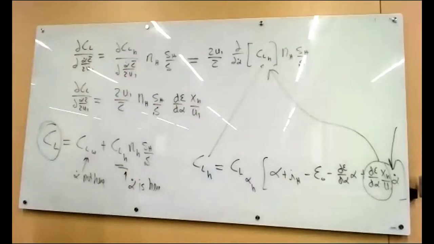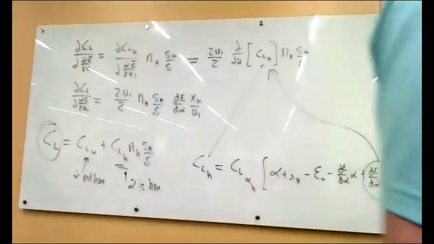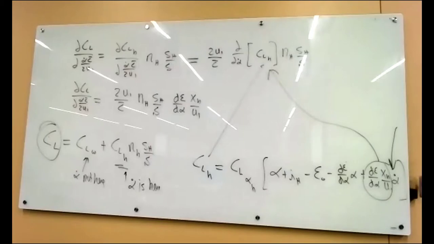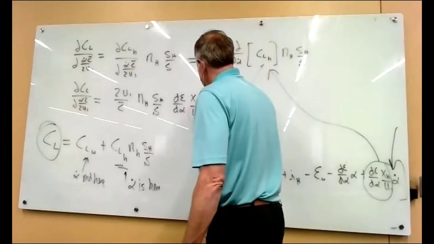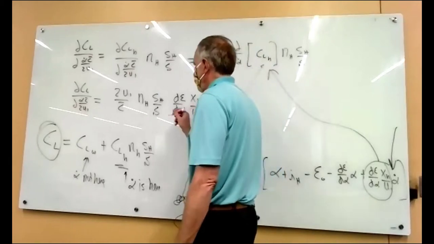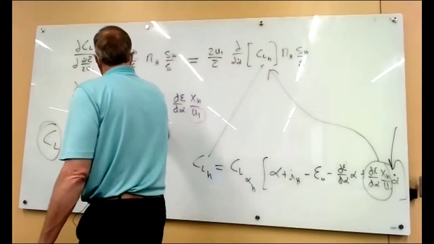I think I got everything. And here's a big deal. You go, what do you mean a big deal? Notice that there's a U1 here, and the U1 here that cancel out.